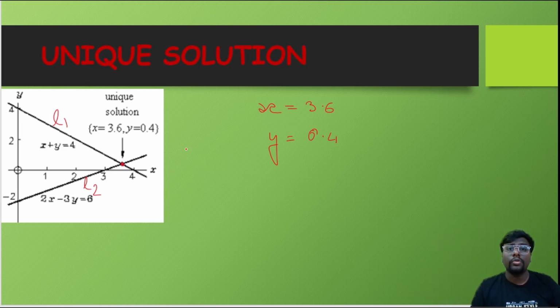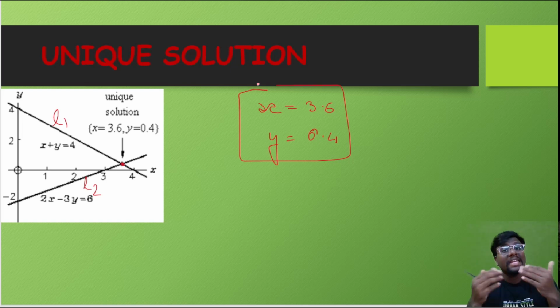This is the common solution where both the lines are meeting. So this is the unique solution point. Now can you tell me why it is unique? Will these lines meet anywhere further again? No, never. Both the lines come and intersect at this point, and this is called a unique solution.